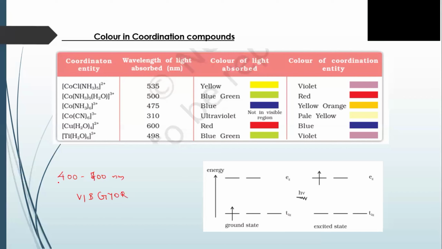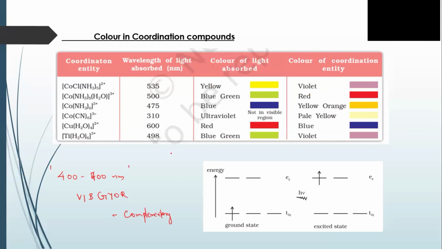And if any substance has the capacity to absorb the radiation in this wavelength, that substance will have the complementary color of the color that is absorbed. For example, if a substance absorbs yellow from the visible region, that will appear as violet.